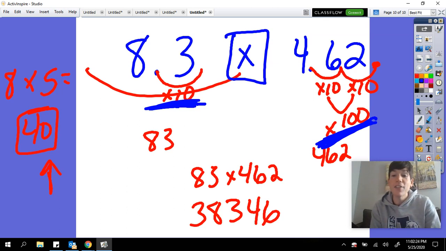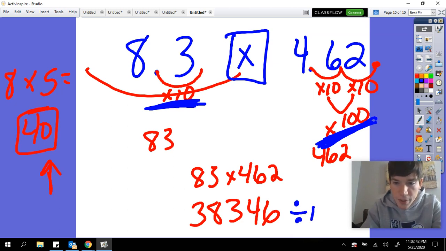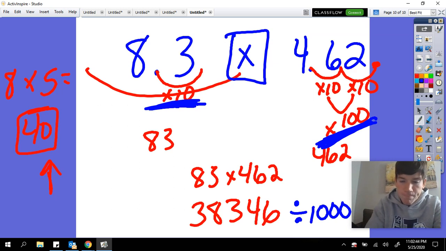That means our answer is 1,000 times bigger than it should be. 1,000 times bigger because we multiplied by 10 and then by 10 two more times, which is like multiplying by 100. In order to fix this, we're going to do the opposite, which is dividing by 1,000.